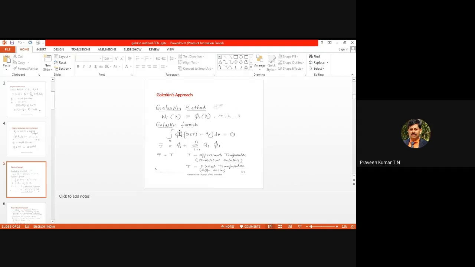At a later stage, you write the expression for phi in terms of N into xi. So phi refers to the temperature at any point within the element. That temperature we can get by knowing the shape functions N1 and N2 as well as the nodal values xi1 and xi2. Those xi1 and xi2 are virtual temperatures.